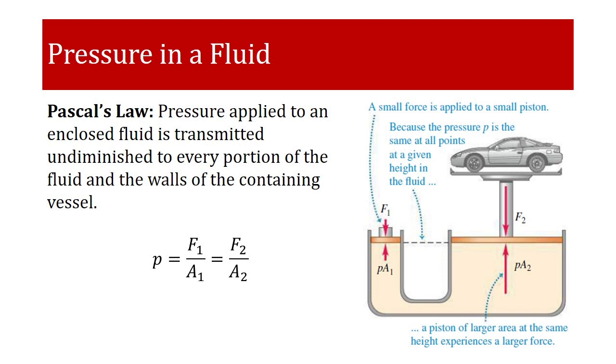So we say that the pressure is equal to force 1 over area 1, also equal to force 2 over area 2. The pressure is transmitted undiminished throughout the fluid and to the walls of the container, as long as the fluid is enclosed. If it is not enclosed, meaning it is exposed to the atmosphere, then this law is not valid.